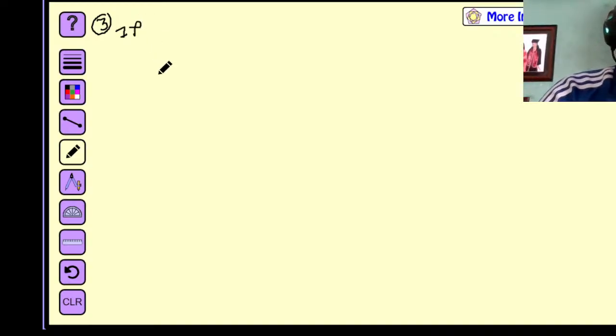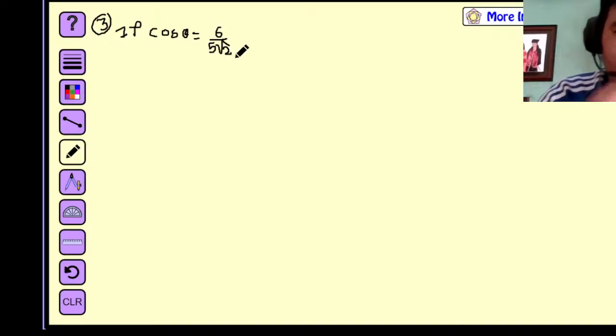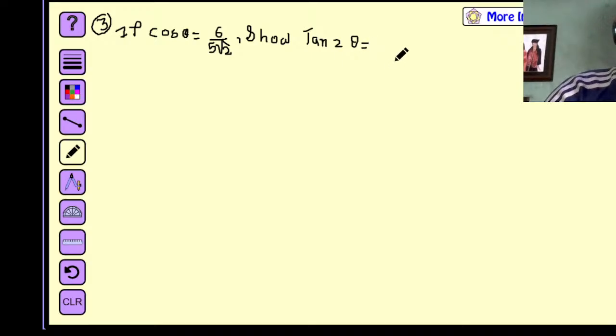If cos theta is given there, cos theta value is 6 by 5 square root 2, this 2 is only inside the square root, and it is asked to show, we have to prove that tan 2 theta, using the tan 2 theta formula, will come here 120 by 119.